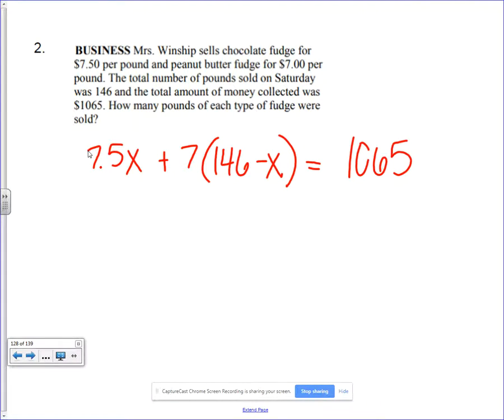Now, when you're setting these up, you don't have to take that 1,065 and multiply it by 146. That has already been figured in. If I collected 1,065, that has already taken into account all of the pounds of fudge that we have bought in. Okay, so you'll go ahead and solve this.